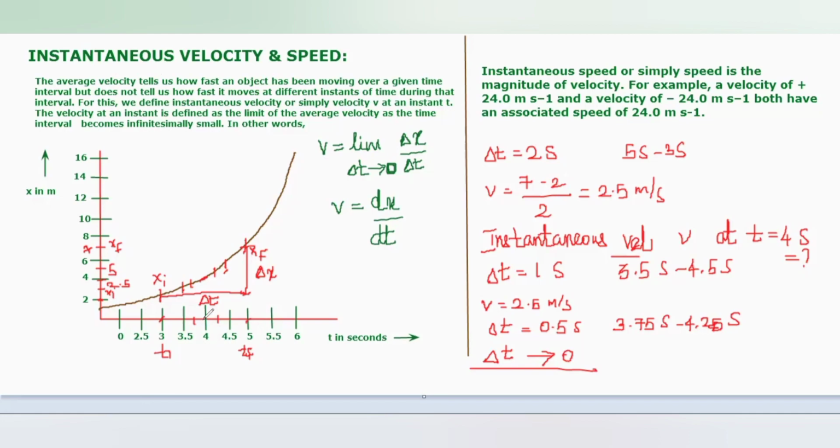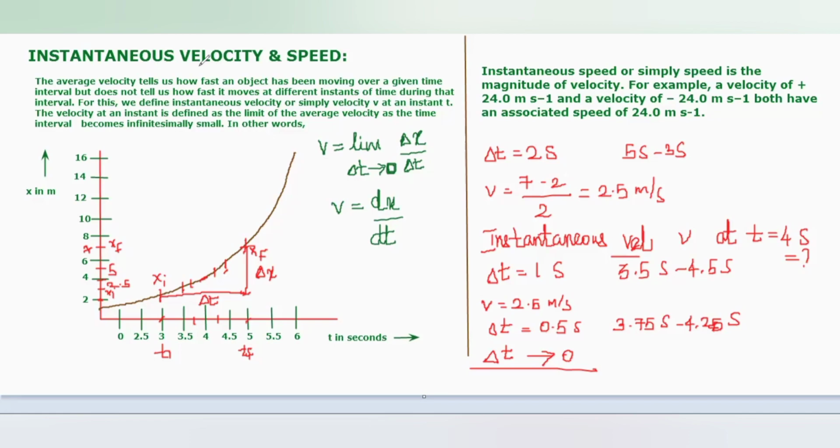But the instantaneous velocity means in this given time period, at any particular instant, like t equal to 4, t equal to 3.75 or 4.25, at any instant, what is the velocity? That is called the instantaneous velocity.